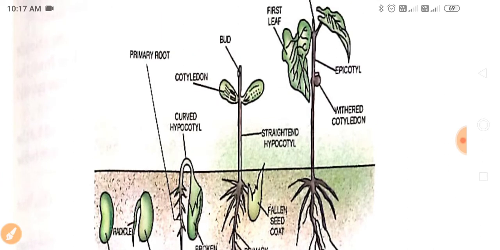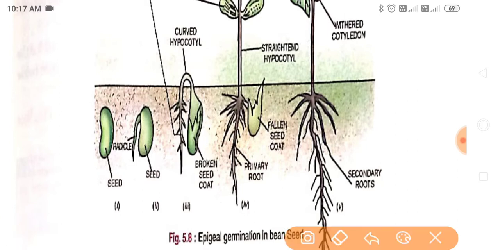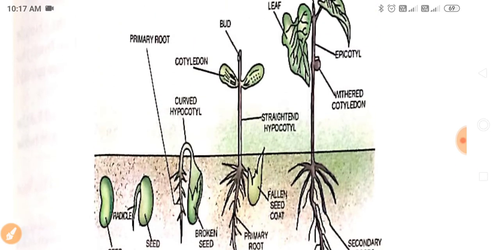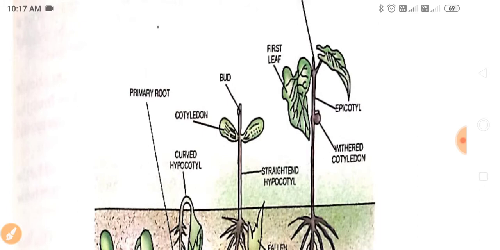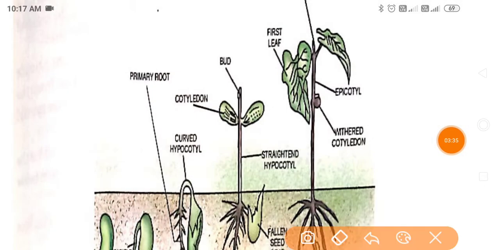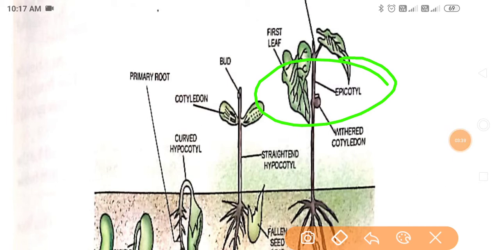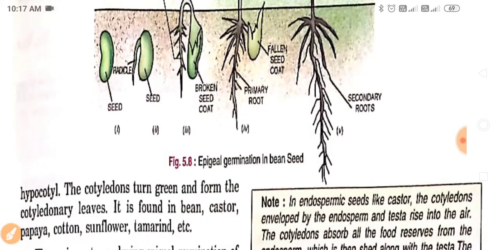One primary root, the taproot, is formed here, and secondary roots also arise from it. So you can see here that the epicotyl is above the ground and persists throughout the life of the plant.